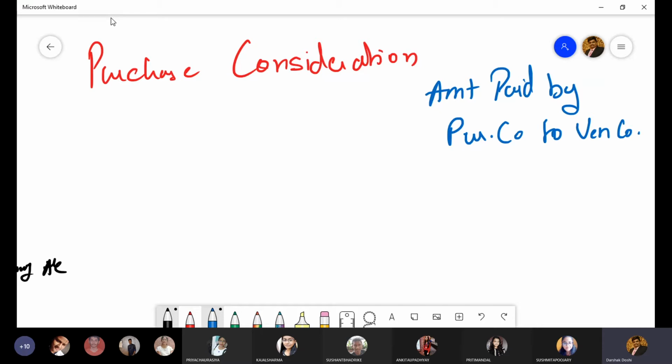Perfect. So purchase consideration is nothing but for transfer of business by the vendor company to the purchasing company, the amount paid is known as purchase consideration.